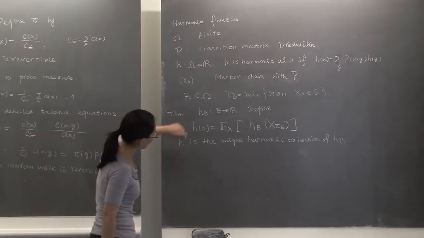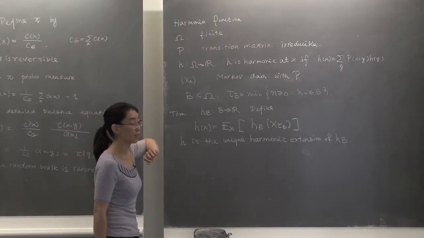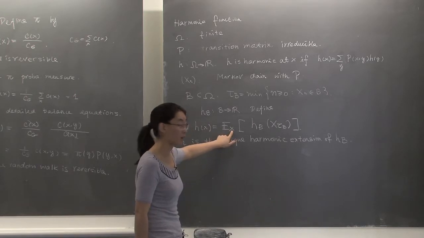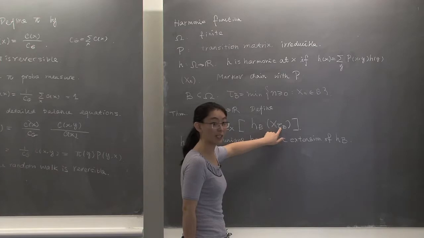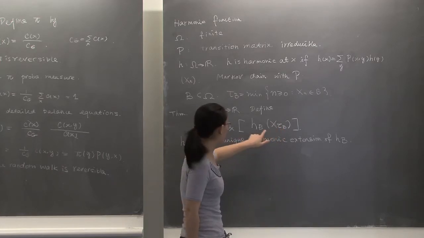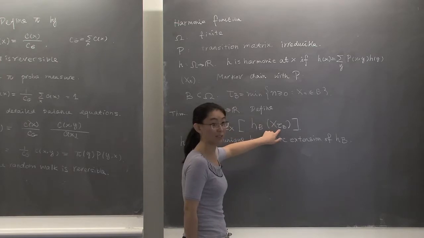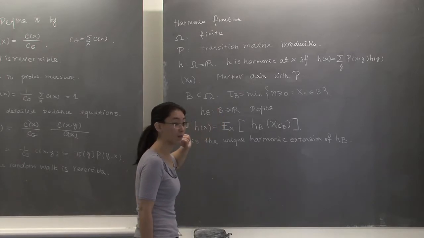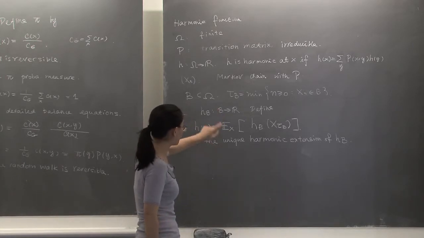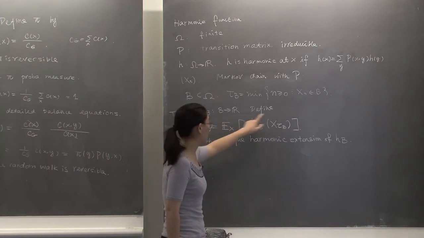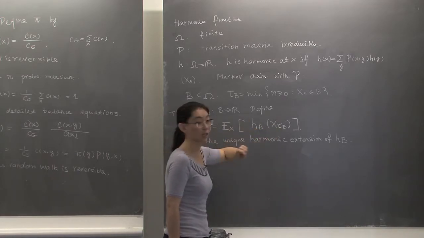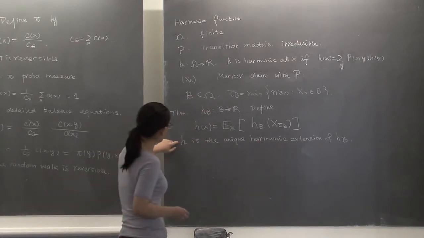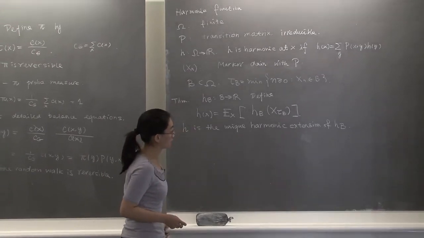So first, a few words on the definition of this hx. This means our Markov chain starts from vertex x. And then at time tau B, the chain will hit a point in B. So HB is the value of this function at that point. This is well defined because HB is only defined on the set B. And so hx is the expectation, where the Markov chain starts from x, of HB at the point where the chain hits B. And we say that h is the unique harmonic extension of HB.